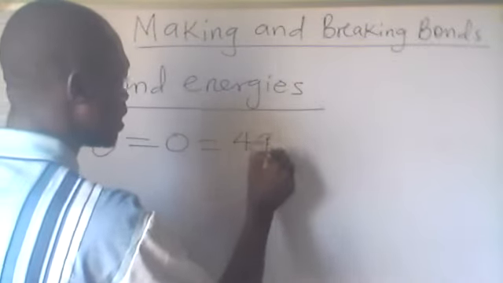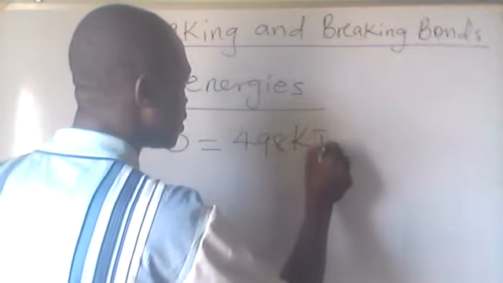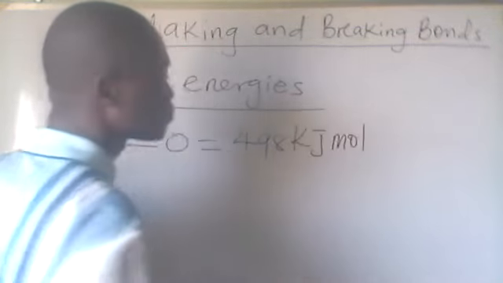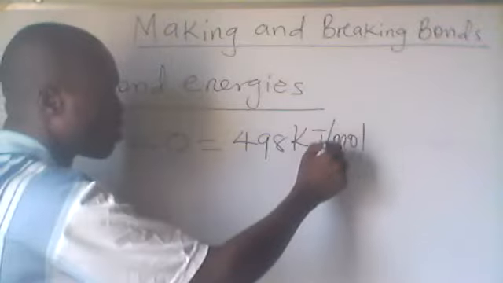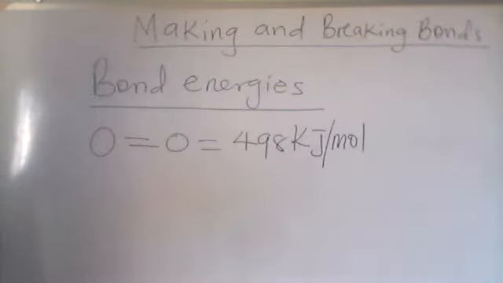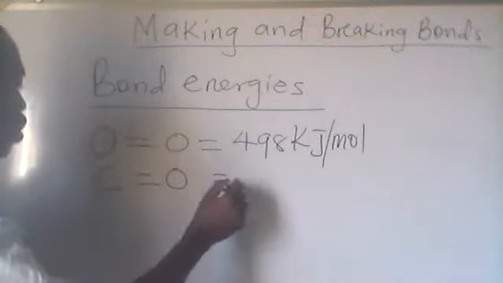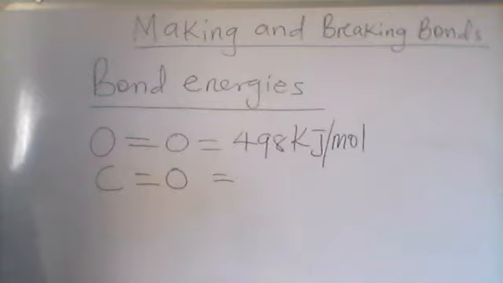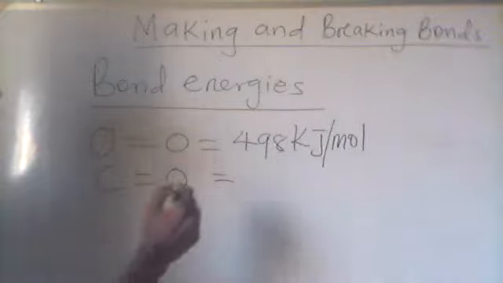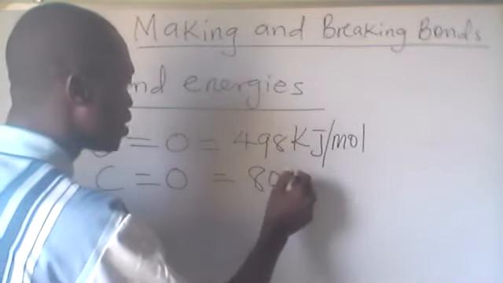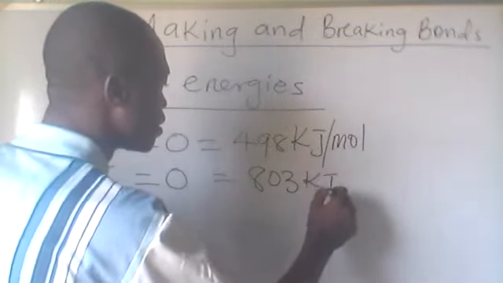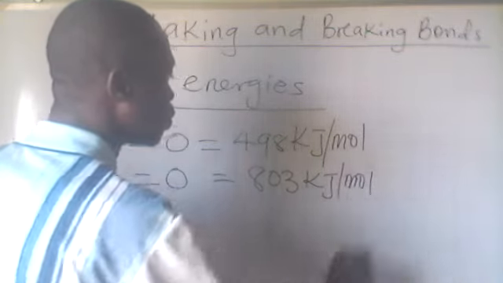Then carbon to oxygen double bond will require about 803 kilojoule per mole.